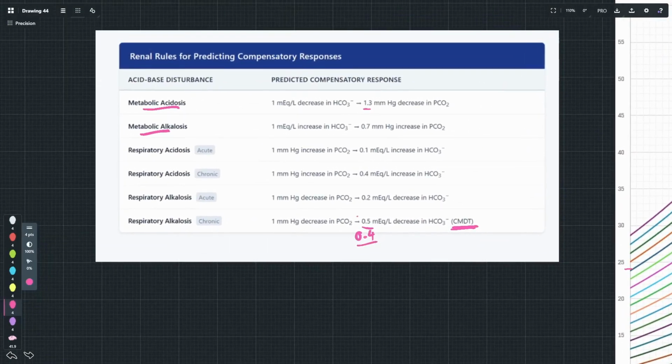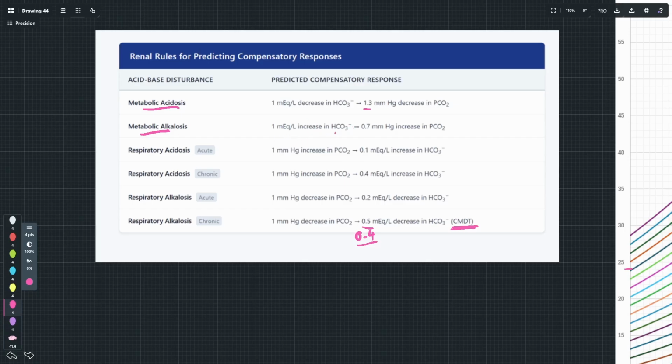So how much would this decrease? For every 1 unit HCO3 drop, there would be a 1.3 unit drop in PCO2 level, loss of the acidic gas CO2. And if we talk about metabolic alkalosis, here this would be opposite.